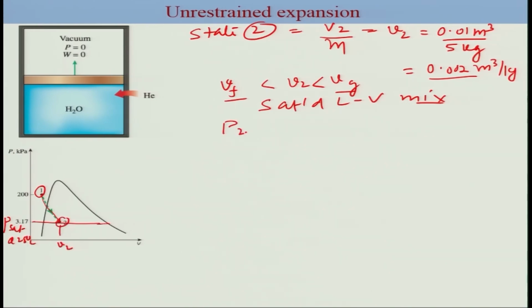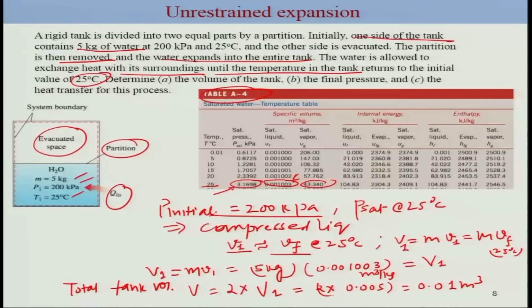So P2 is fixed, it is Psat at 25 degrees Celsius. The temperature is also fixed because your final temperature is known, 25 degrees Celsius. Considering it's a saturated mixture, P2 is nothing but Psat, which is given from the table.